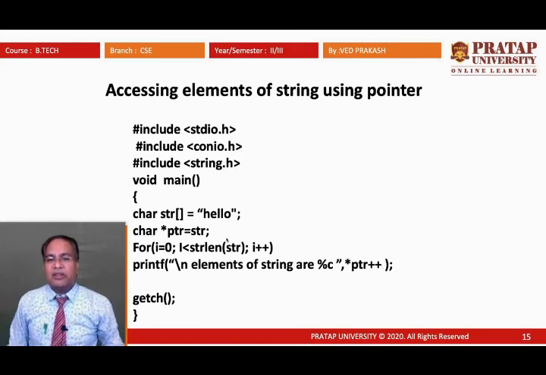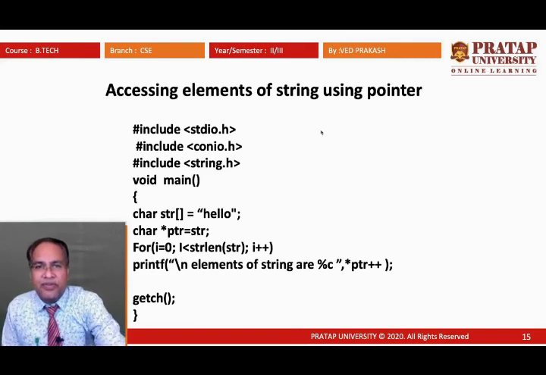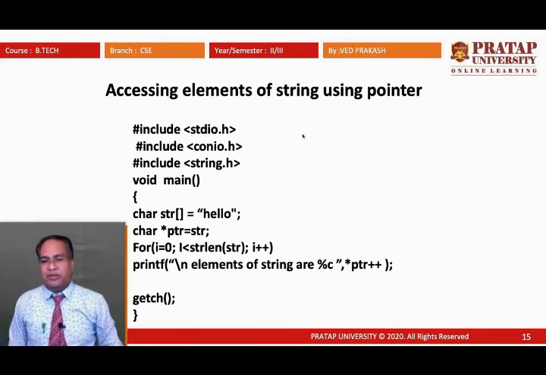As it encounters the null value, our string is terminated, and when our string is terminated, control will go out. Okay. So that is the way of accessing the contents of a string using pointers.